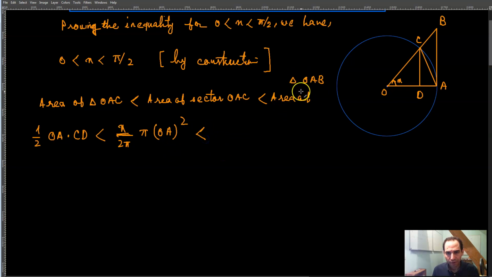And the area of the triangle OAB, this big triangle over here, is 1/2 of the base, which is OA, times the height, which is AB, right?